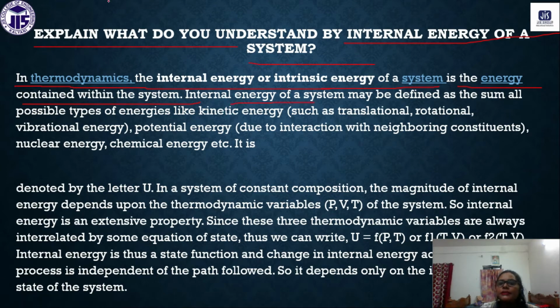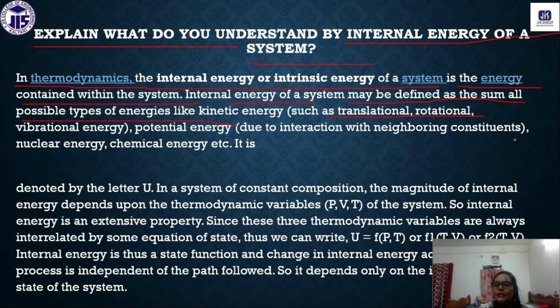Internal energy of the system may be defined as the sum of all possible types of energy, like kinetic energy, as I told you. How do we get kinetic energy? Like vibrational energy, translational energy, and rotational energy. There are three types of kinetic energy for a molecule.